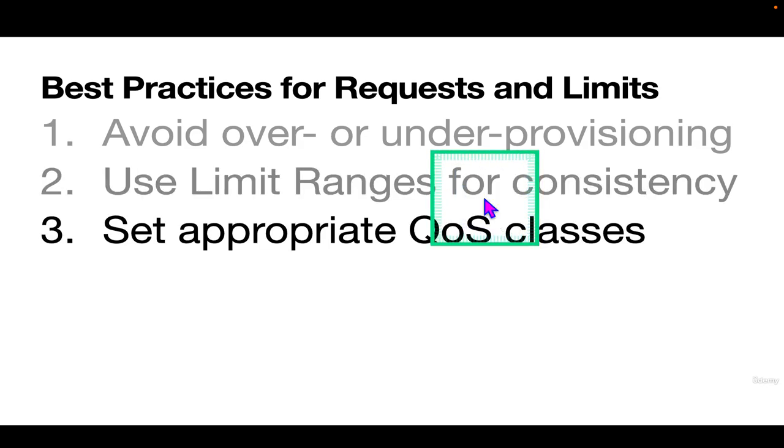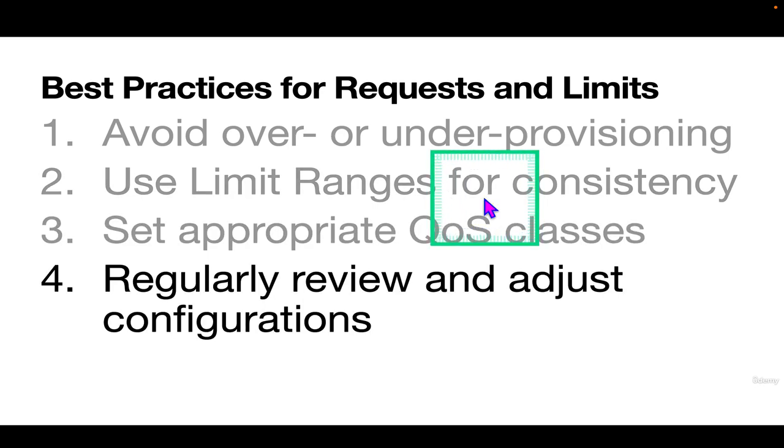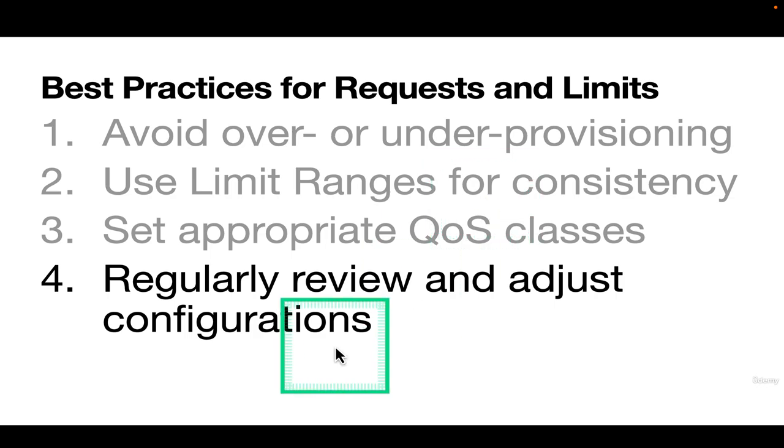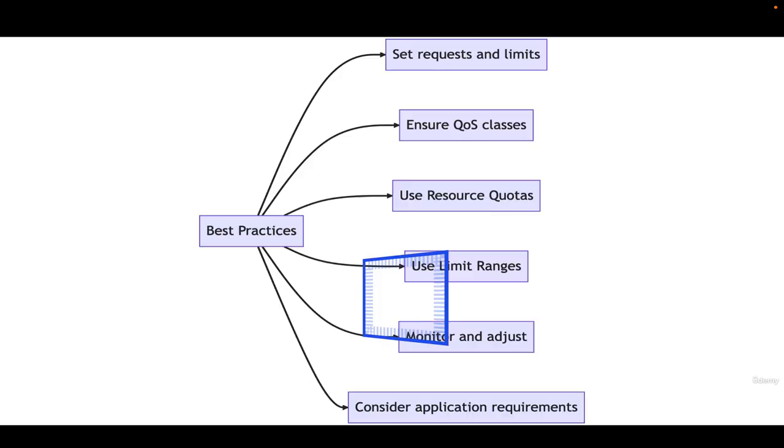Set appropriate QoS classes for your pods, ensuring their performance requirements and the desired balance between resource utilization and application stability. Regularly review and adjust configurations based on observed metrics, application requirements and cluster capacity.